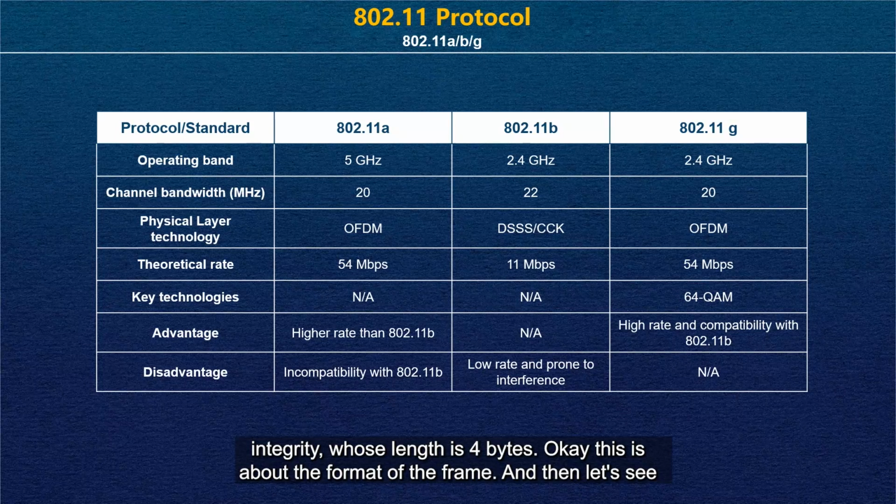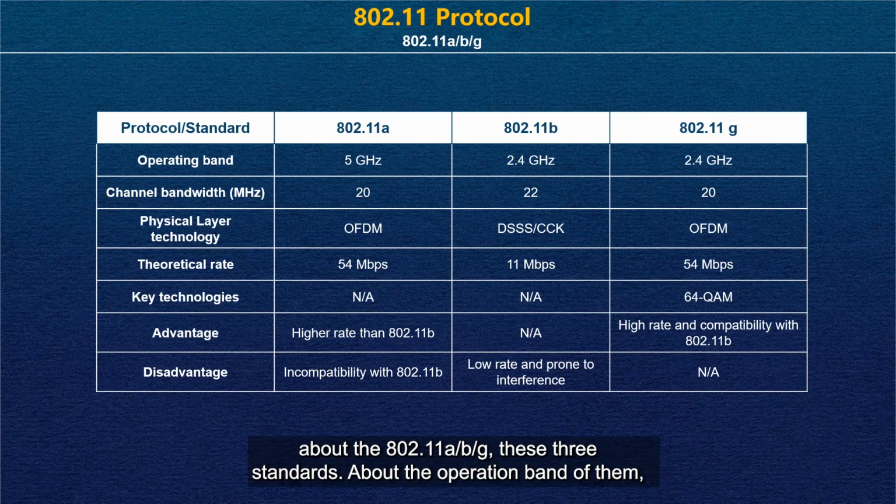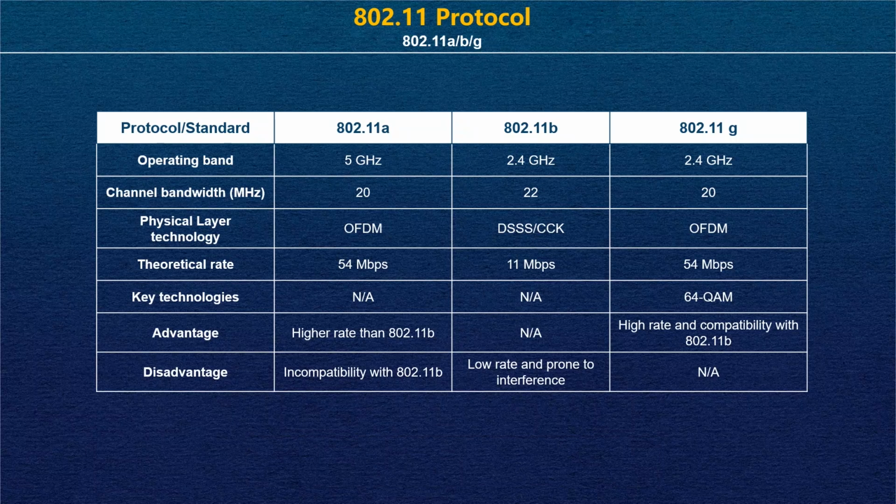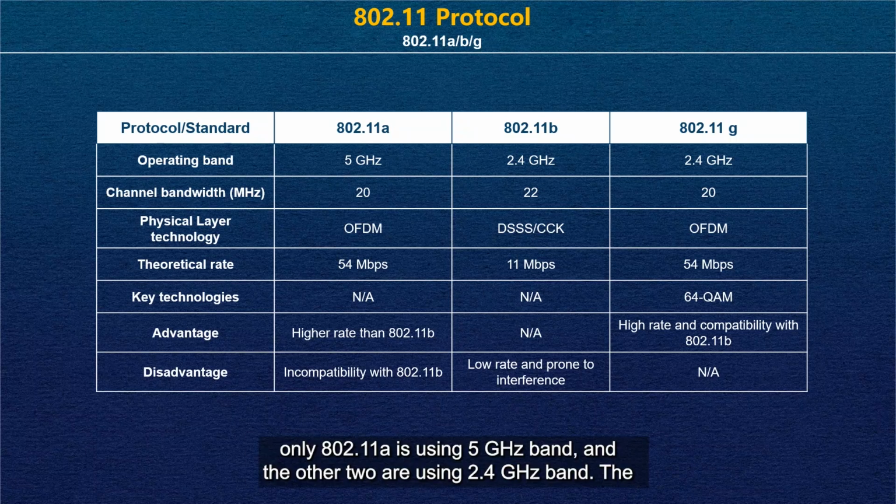And then let's see 802.11a, b, and g. These 3 standards. About the operation band, only 802.11a is using the 5 gigahertz band. The other 2 are using the 2.4 gigahertz band.